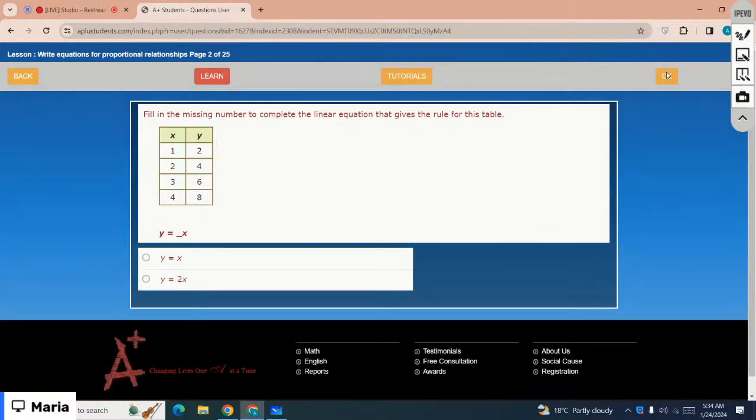Okay, the next one is fill in the missing number to complete the linear equation that gives the rule for this table. So, which is the correct option?